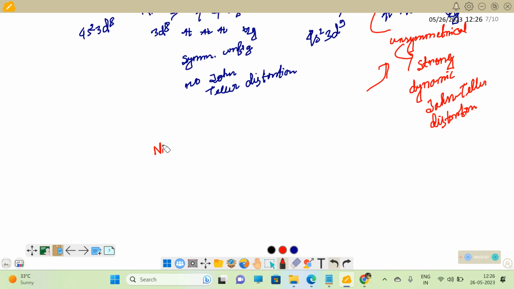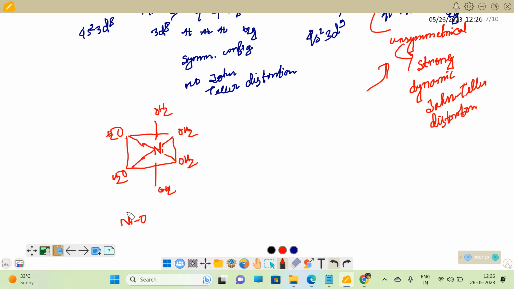For the Ni-OH2 complex, these bonds, the Ni-O bonds, will be equal in both axial and equatorial positions.